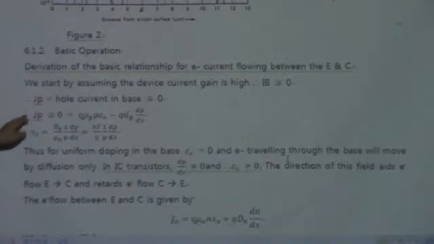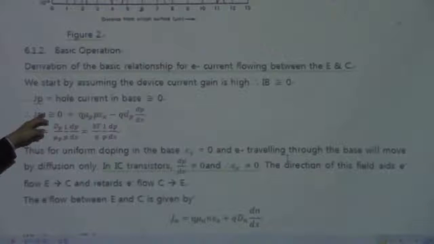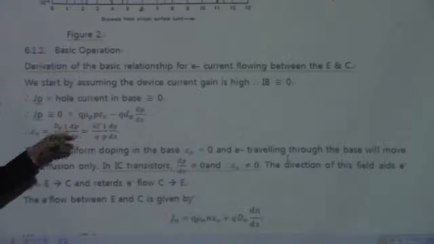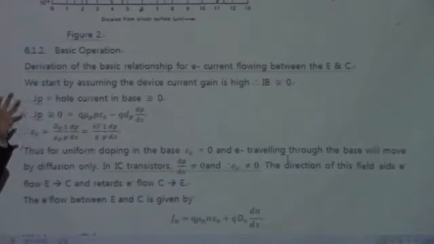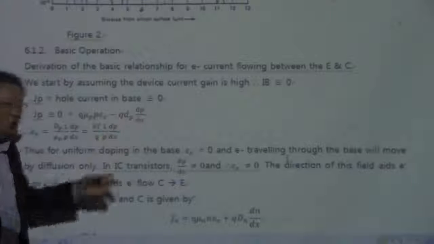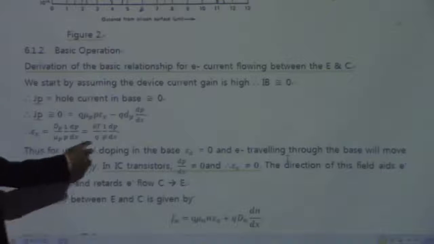The hole current is 0, and that hole current consists of two terms. One is from the electric field between the emitter and base, and the other is the flux from Fick's first law.